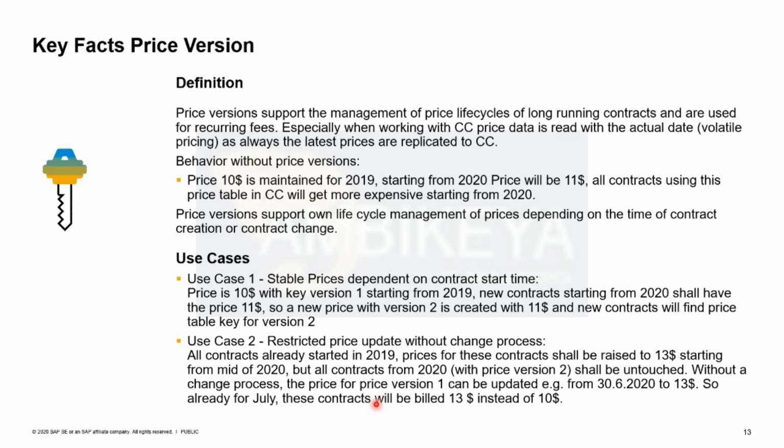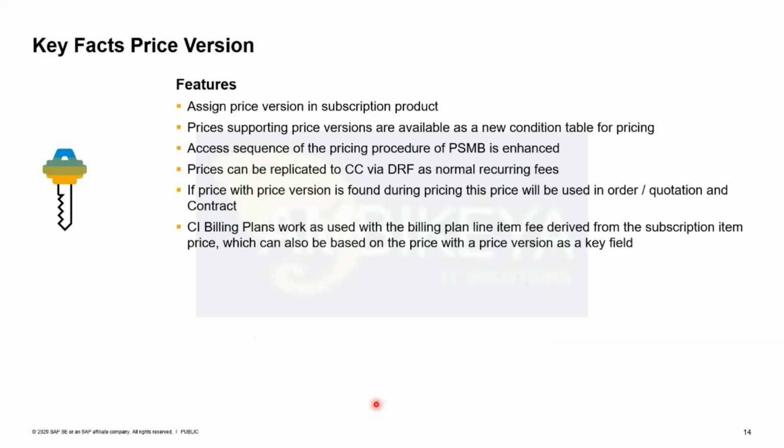So price version mainly helps maintaining a price life cycle in the system independent of the other price version. So for the same product, for the same duration, you can still have two different versions of price, or multiple versions of price, to support multiple customer requirements.